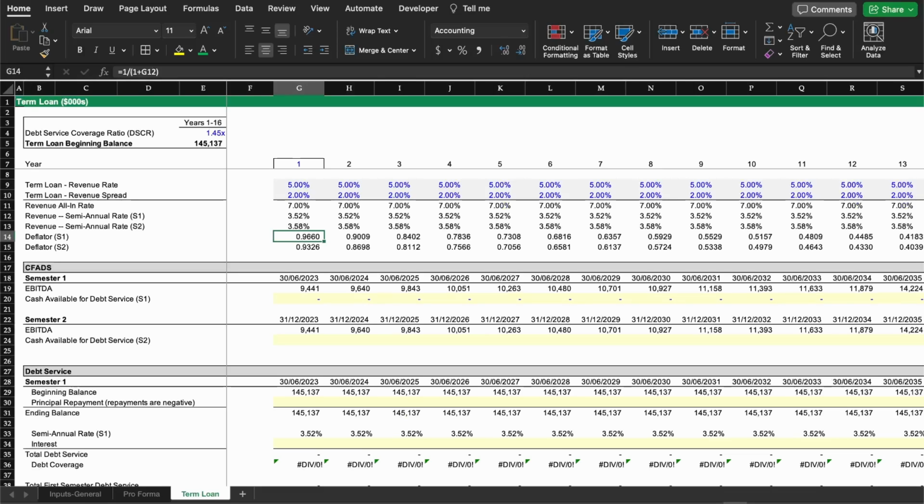For every dollar, we're going to get 99.6 cents on every dollar. Basically, that's what it is. Then you calculate for the second half, then for the third half, the first semester of the second year, and so forth and so on.